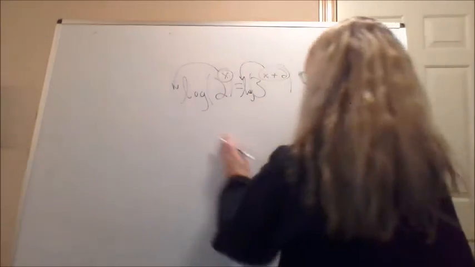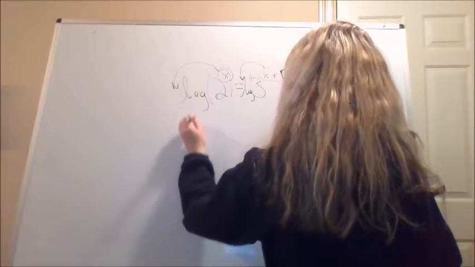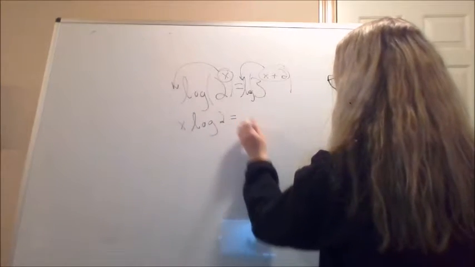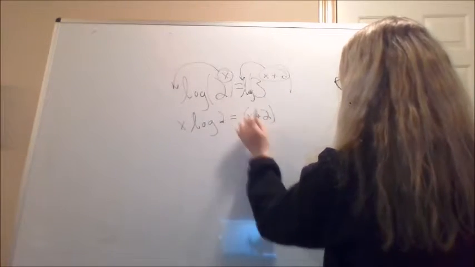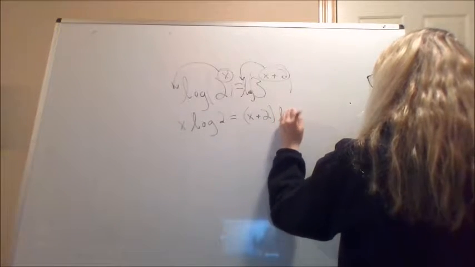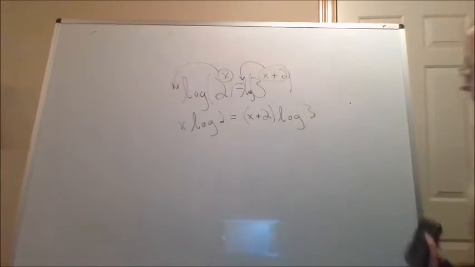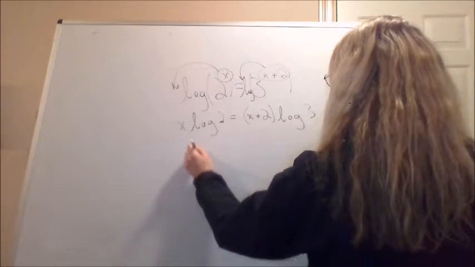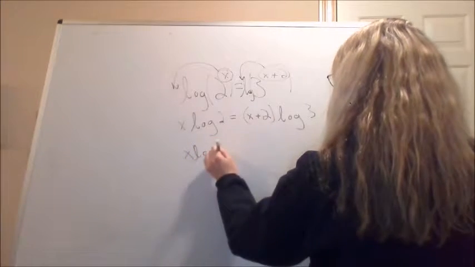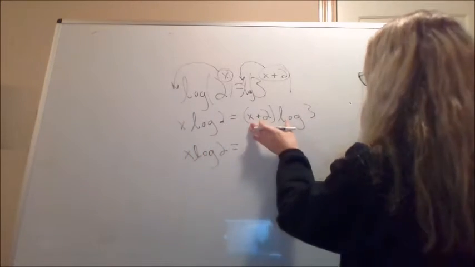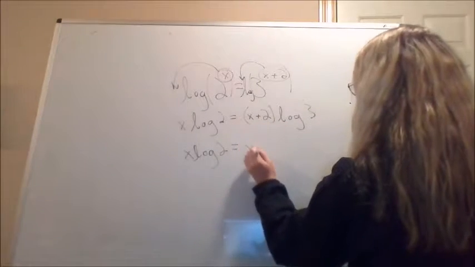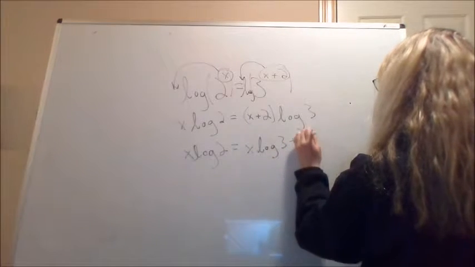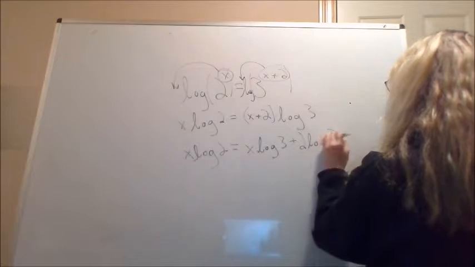And so now we have x times the log of 2 equals x plus 2 in parentheses times the log of 3. And now we can just solve for x. We leave the left side alone for now, and on the right we can distribute, so x log of 3 plus 2 log of 3.